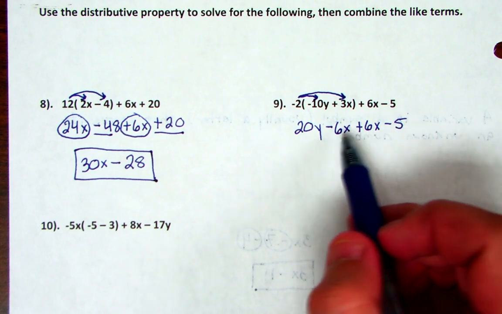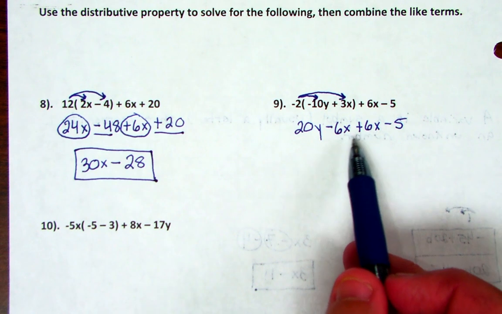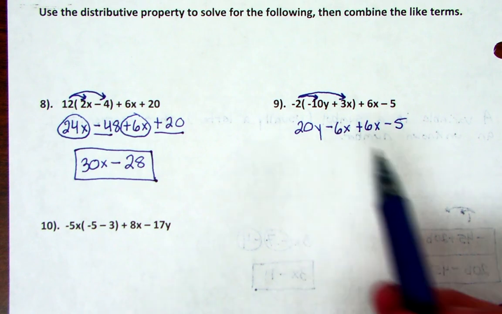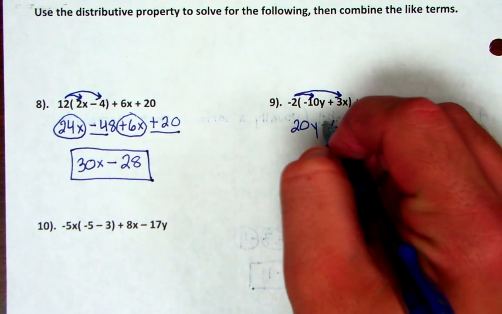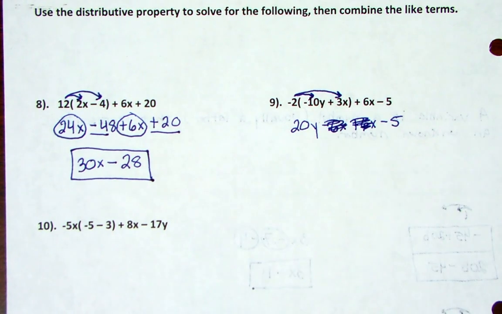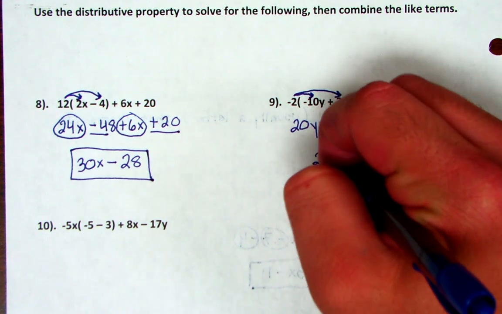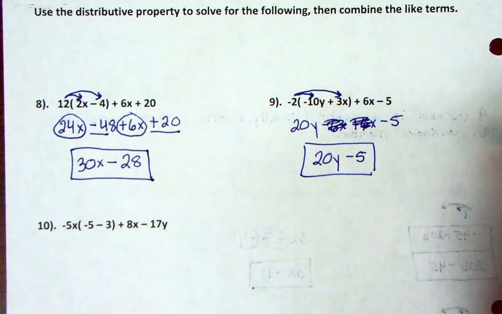Again, x's come first in the alphabet. What is 6x take away 6x? 6 take away 6 just zeroes out. It cancels out. They canceled out. What does that leave me with? 20y minus 5. Done.